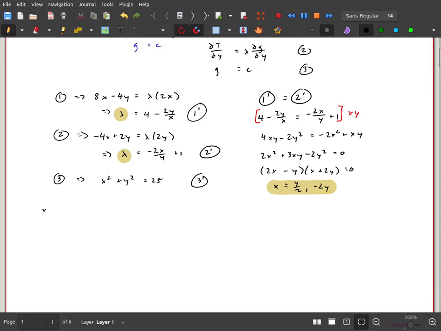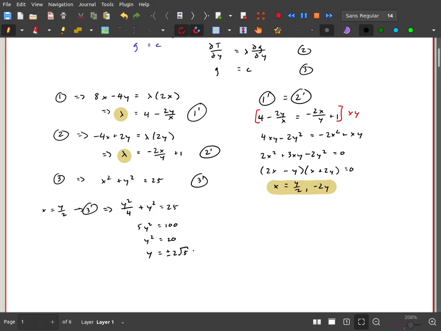So let's look at the first case where x is equal to y over 2. Then 3 prime becomes y squared over 4 plus y squared equals 25. So I'll multiply both sides by 4. That will give me 5y squared equals 100. y squared will be equal to 20. So y would be plus or minus 2 root 5.